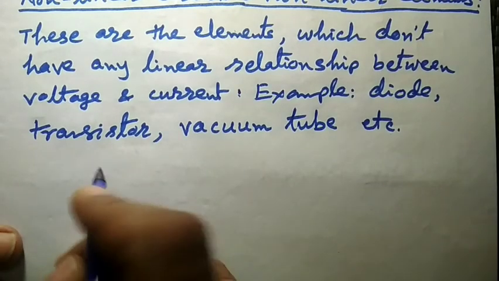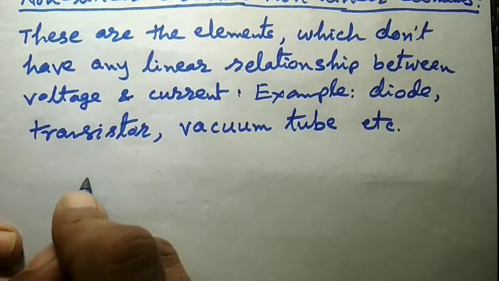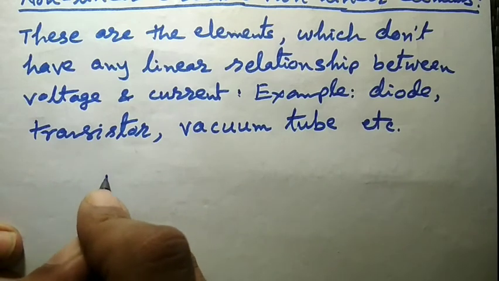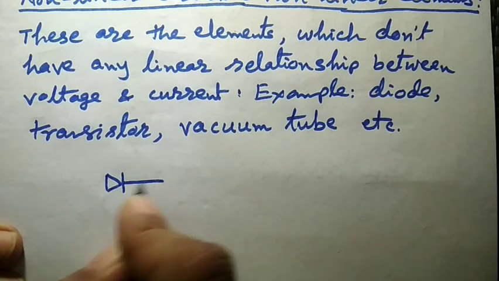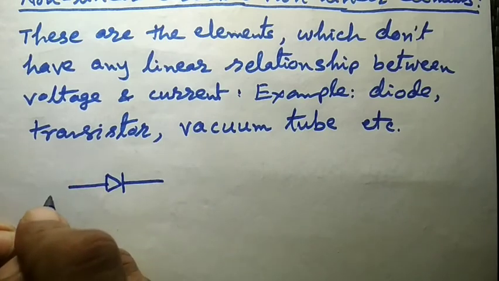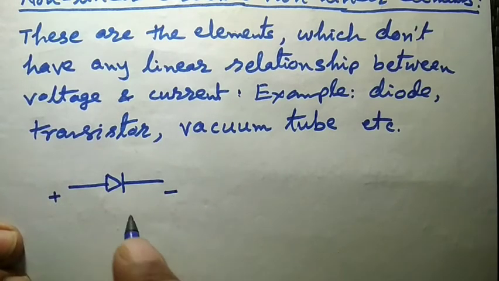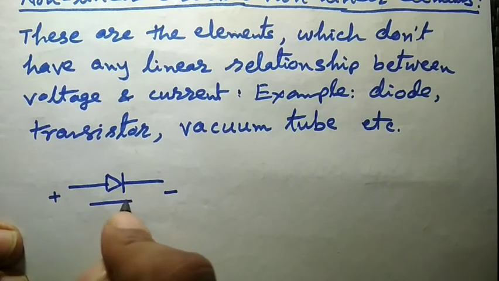For example, if we consider a diode, we know that the diode can be either forward biased or reverse biased. So in this case, the diode is forward biased.